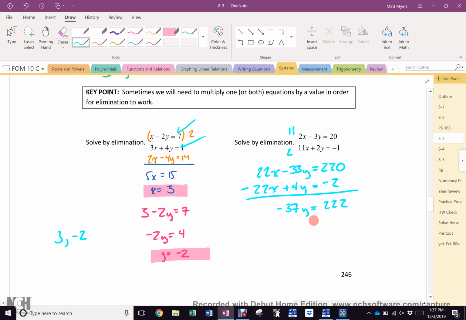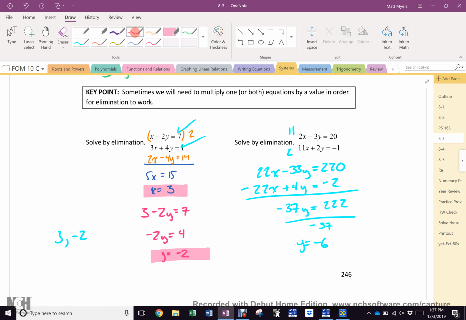Now what? Divide by 37. And what does y equal? Negative 6. Good. Somebody caught the negative.